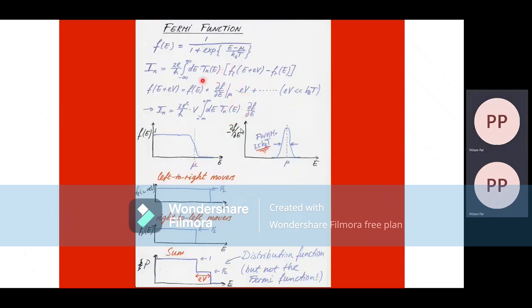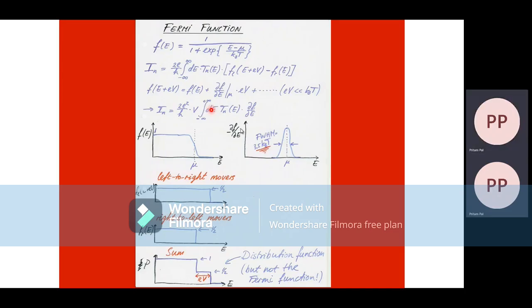And so when we calculate the current that is going from left to right, we cannot just take a sharp cutoff and say that it's proportional to mu1 minus mu2, but we have to include the Fermi distribution function for mu1 and for mu2. The current becomes proportional to the derivative of the Fermi distribution with respect to energy.